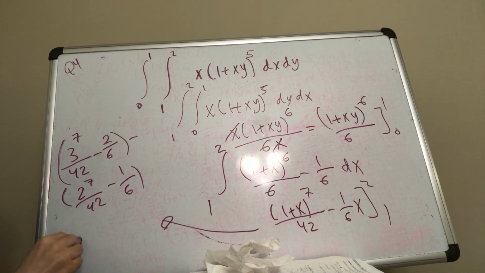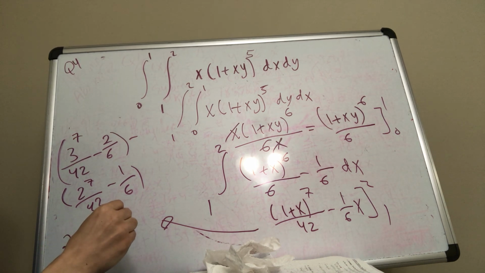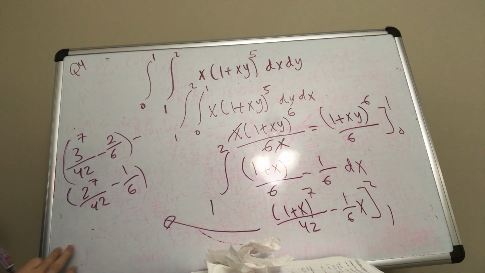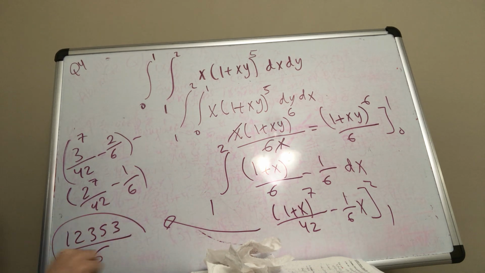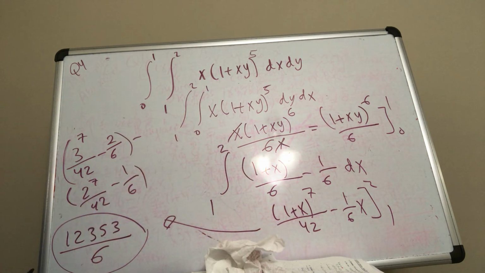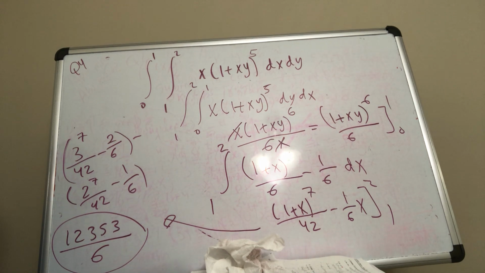It's 2058, or as a fraction, it's better to say it's 12353 over 6. This is the final answer for the integral, but it's better to switch the x and y, makes it much simpler. This is it for this worksheet 7.